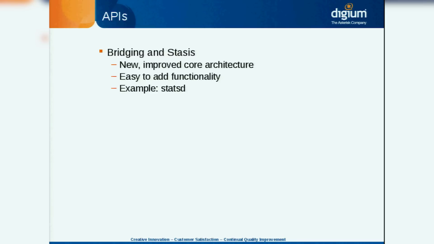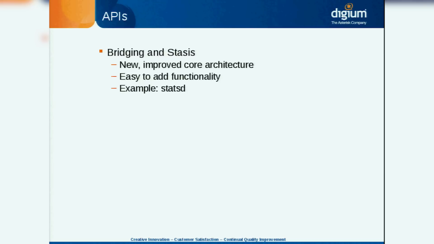All right. We have bridging, we have Stasis. That gives us the core architecture we need to go address the API problems that the community wanted to address. It's easy to add additional functionality because, again, we can always add more things to Stasis, publish more things, and consume state. Just as an example of this, as a proof of concept, David Lee wrote a StatsD server integration with it.